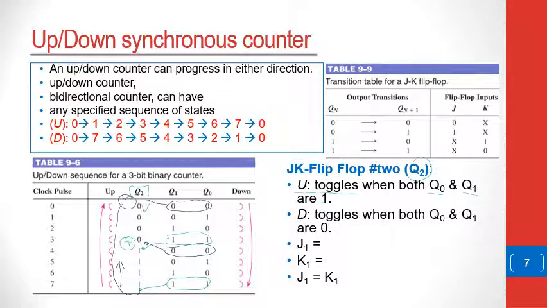So we can write the equation: up times Q0 times Q1, or down times Q0 bar times Q1 bar. And the same goes for the K. So J is equal to K.